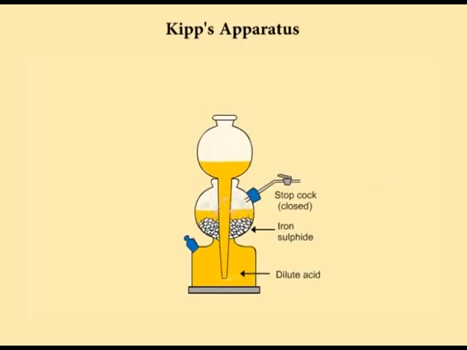When the stopcock is closed, hydrogen sulfide exerts pressure on the acid, which rises high in the upper globe, and further reaction is prevented. Reaction can again start when the stopcock is again opened.